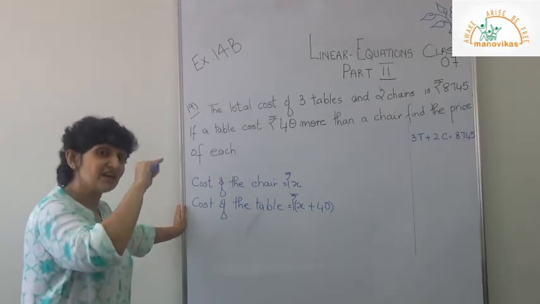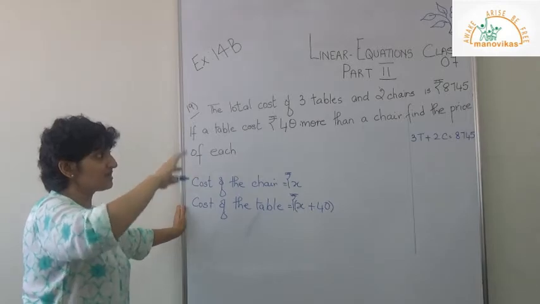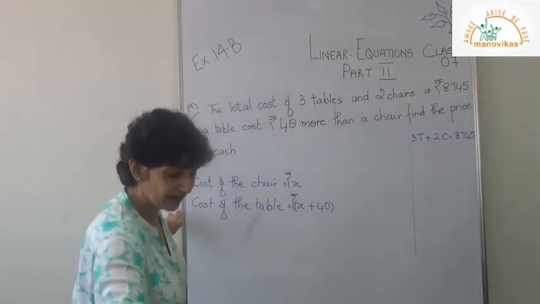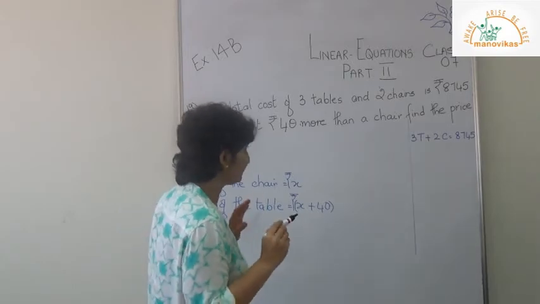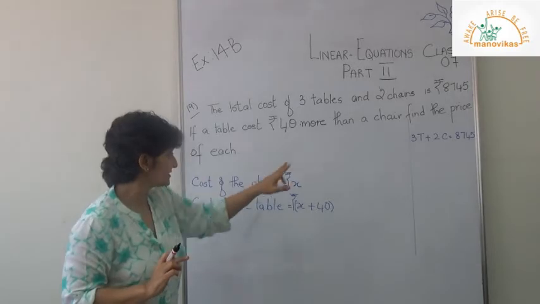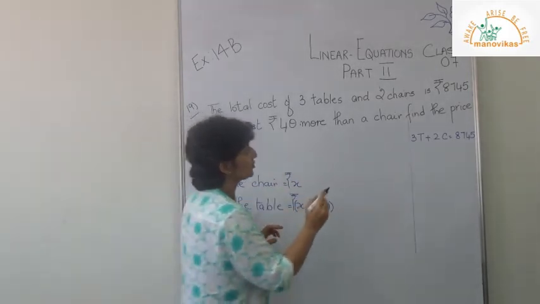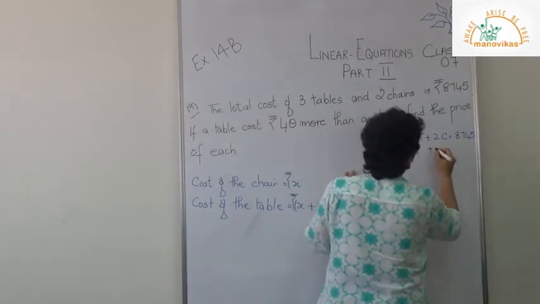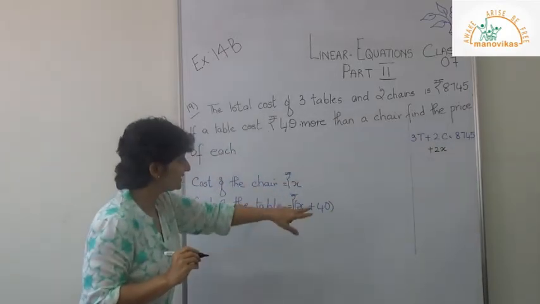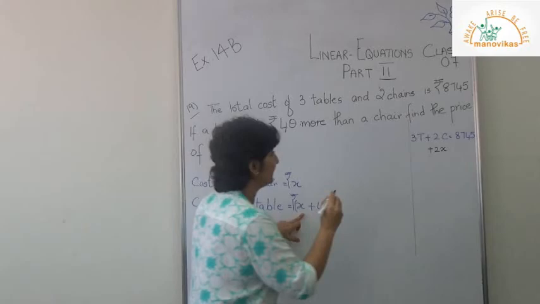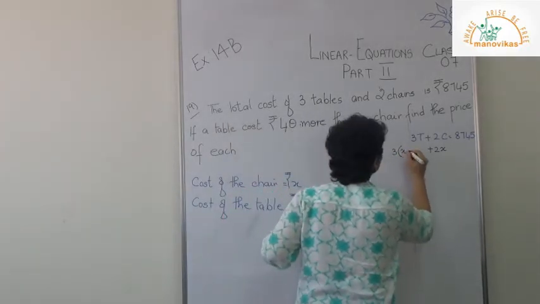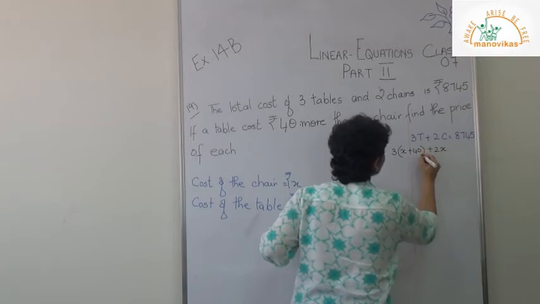So you know we have 3 tables plus 2 chairs is equal to 8745. So let us solve that first. Now T stands for table and C is for your chair, X. So this is going to be 2X. How do I find out 3 tables? 3 times this. So it will be 3 into X plus 40.